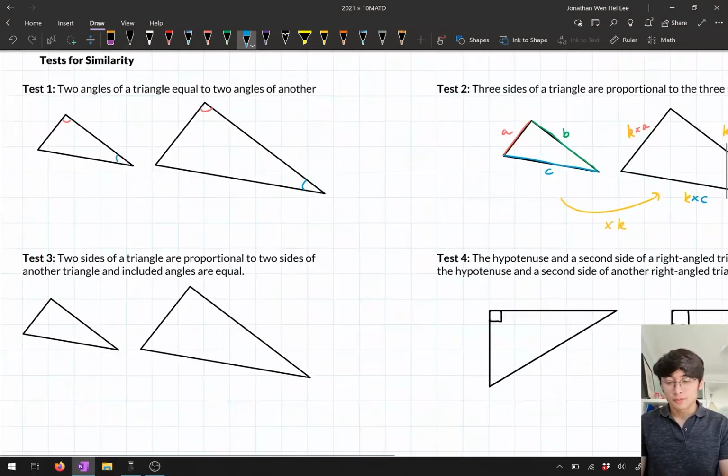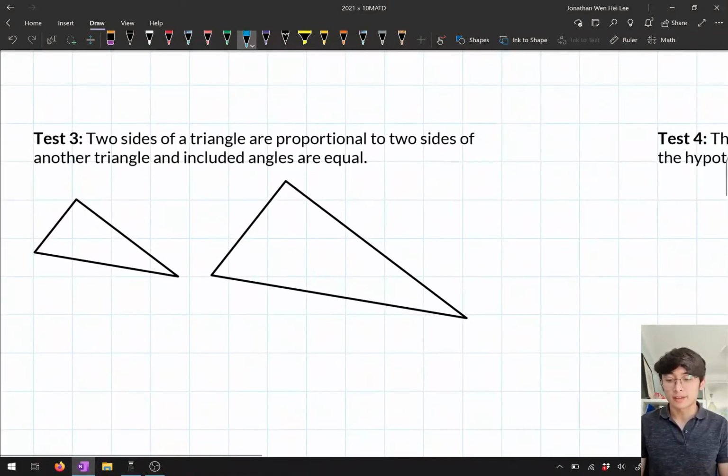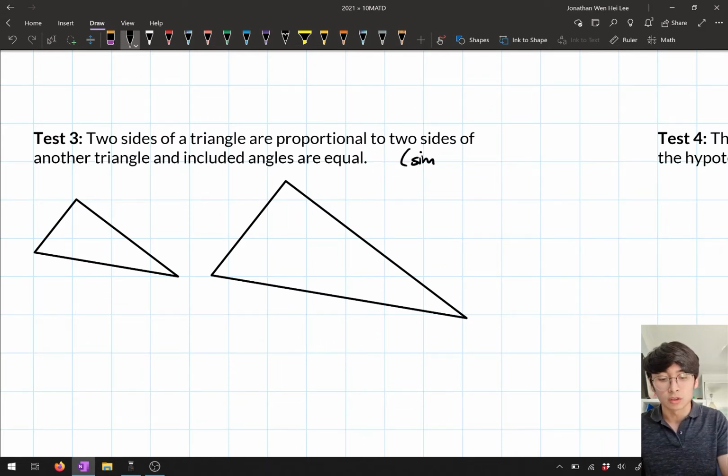The third test is if 2 sides of a triangle are proportional to 2 sides of another triangle and the included angles are equal. This is similar, but not quite equal, to the SAS test that we had in congruence.